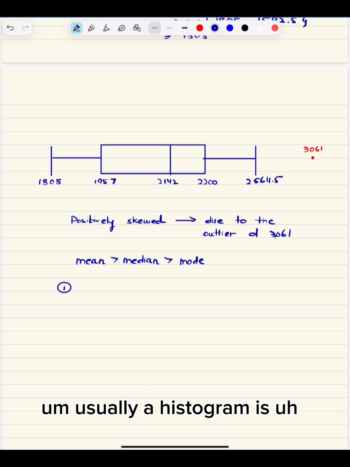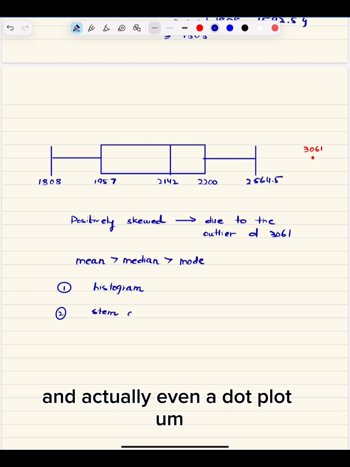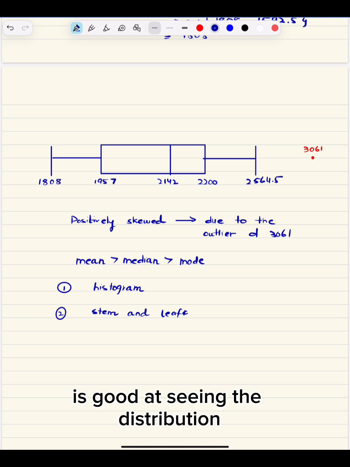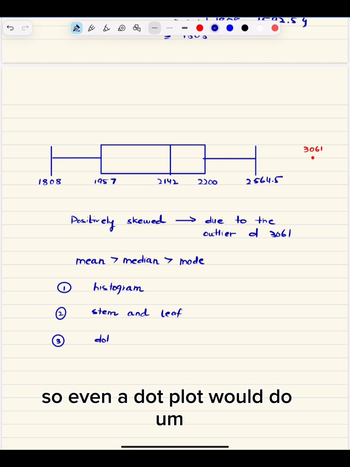Usually a histogram is used for such a data set, or a stem and leaf. And even a dot plot is good at showing the type of distribution.